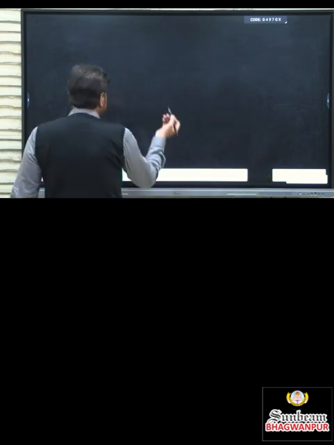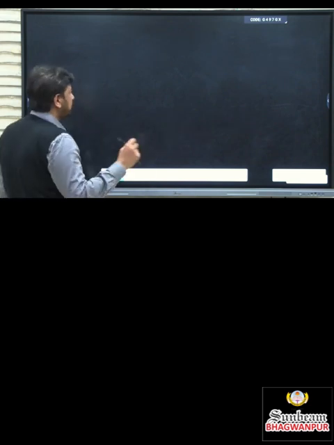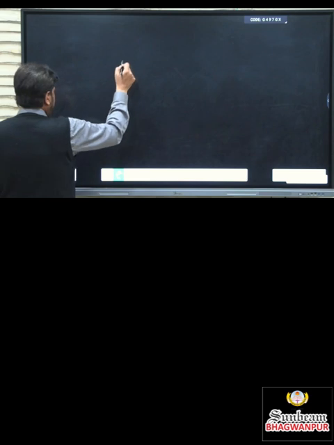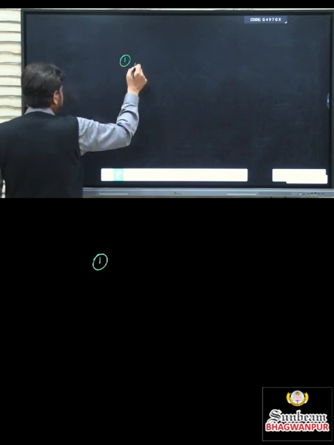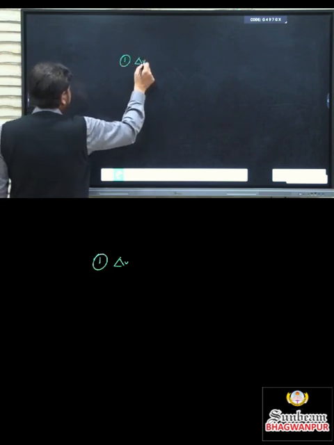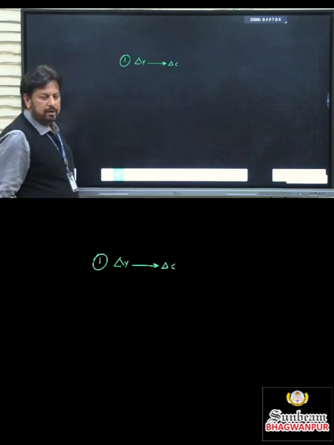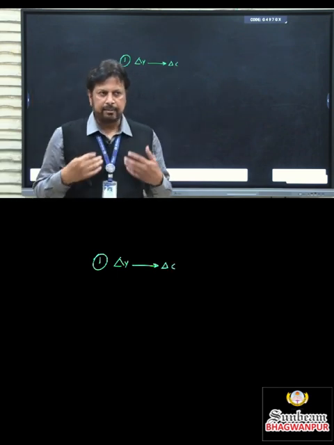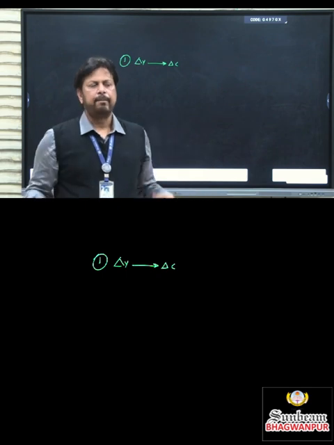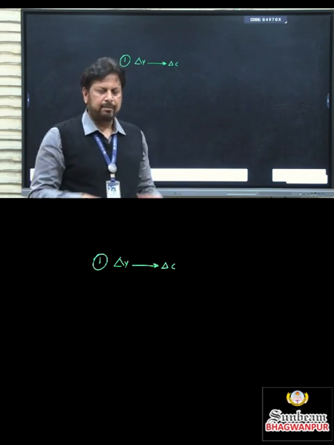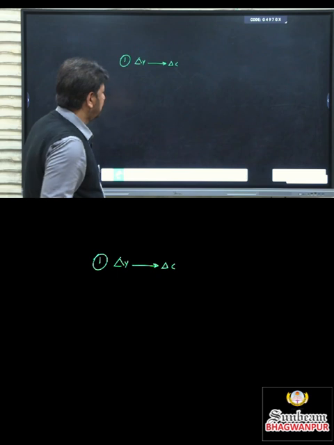Basically, the working of investment multiplier is based on 2 or 3 important facts. First fact, whenever there is a rise in income, there is a rise in consumption. If my income is rising, my consumption is also going to rise, maybe not in the same proportion, but it will rise.